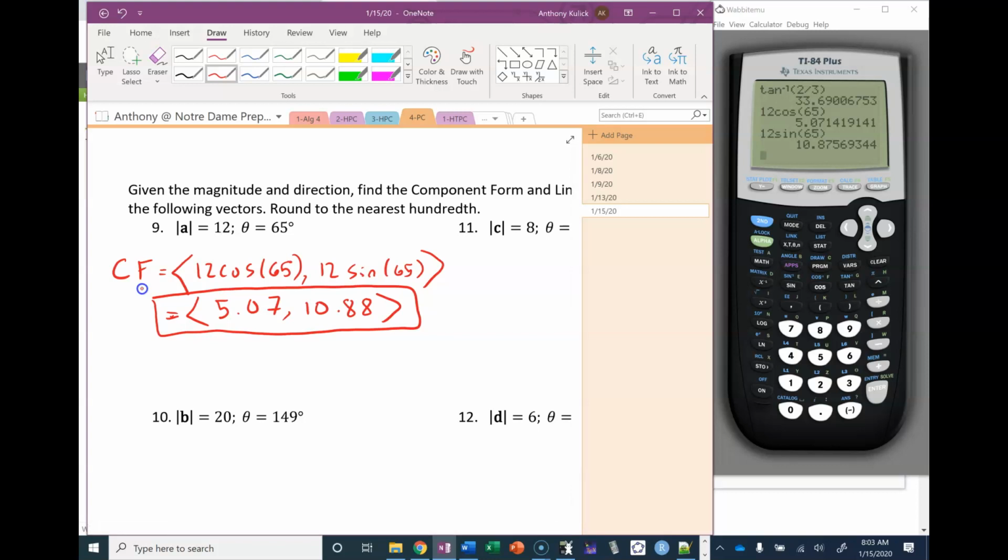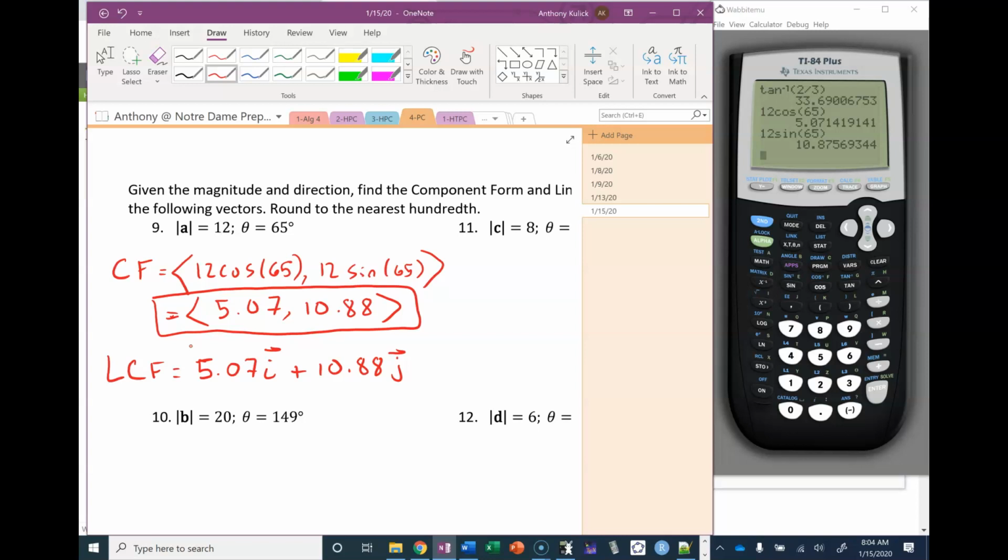It asked also for the linear combination form. That's the thing with just the i's and the j's. So the i is just the x component, and the j is just the y component. We remember that the vector i is the vector 1, 0, and the vector j is the vector 0, 1.